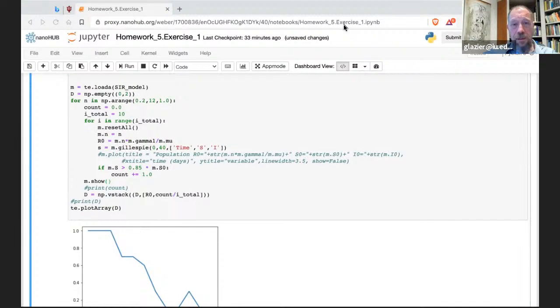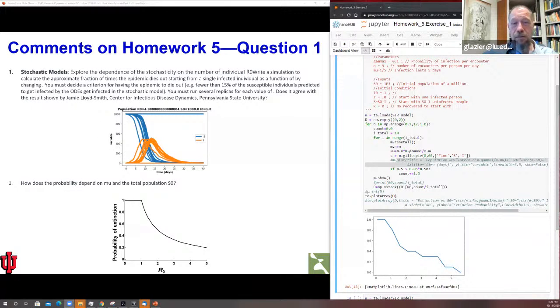Is anybody else having problems with this? Anybody else? Okay. So now we can actually try to make it prettier. We could make our interval for n smaller, and we could make our I total bigger.